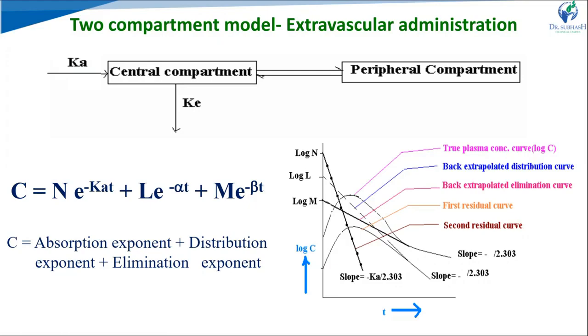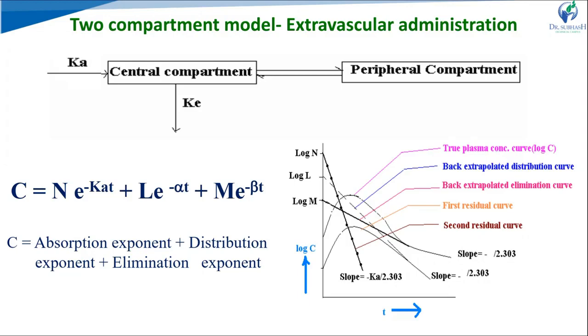So the drug enters the body following the first order absorption process, distributes according to the two compartment model, central and peripheral, and the rate of change in drug concentration in the central compartment is described by a three exponent form: an absorption exponent and two exponents for the disposition, meaning distribution and elimination.